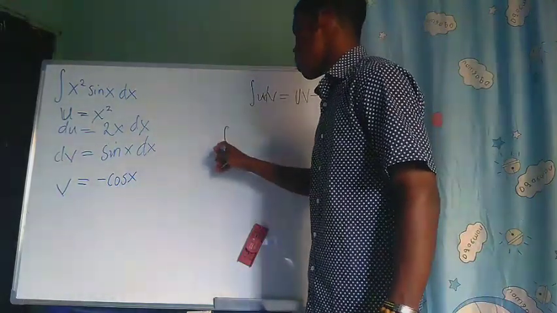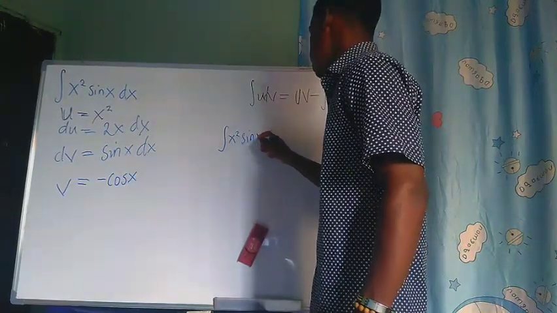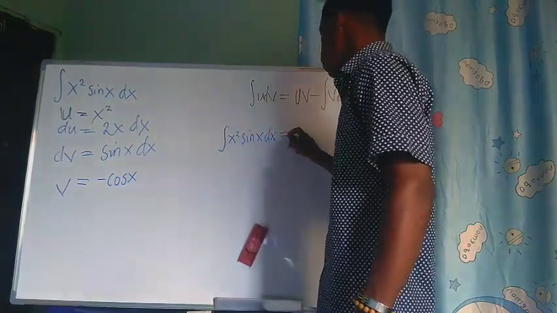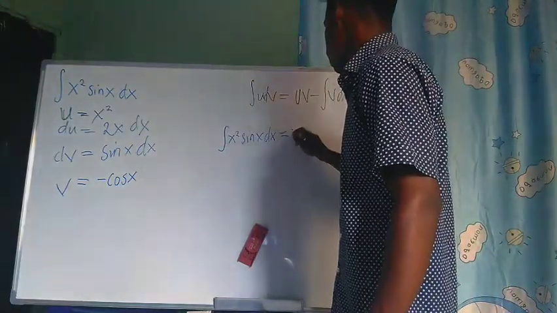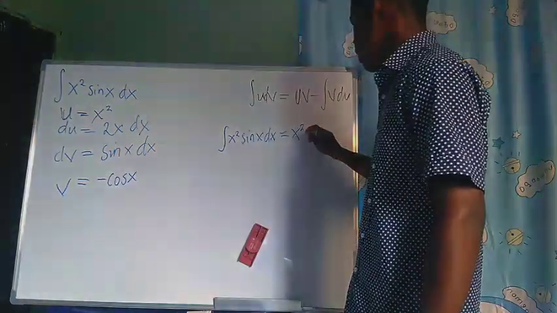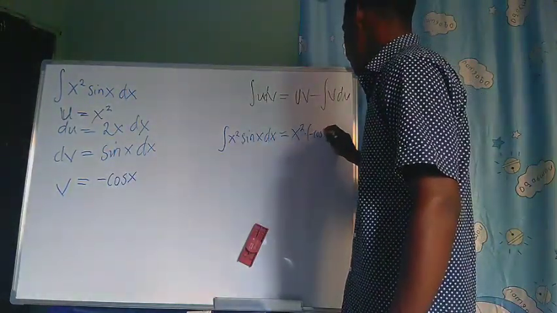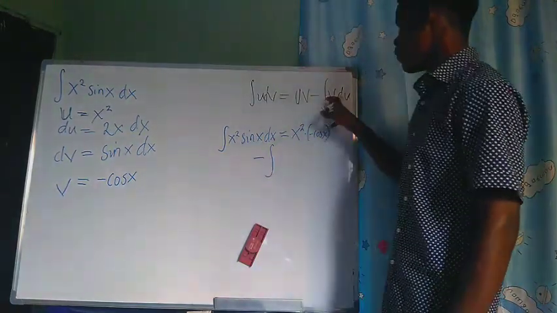We have the integral of x squared sine x dx is equal to, well, x squared times v, negative cosine x, alright, minus the integral of v du.